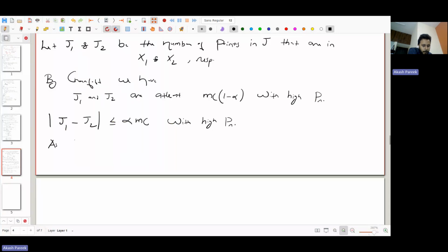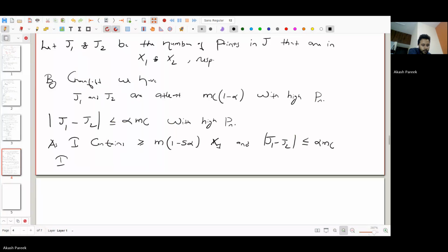As I contains at least m into 1 minus 5 alpha fraction of points of x1, and the cardinality of J1 minus J2 is at most alpha mc, I must also contain at least m into 1 minus 6 alpha fraction of points of x2.